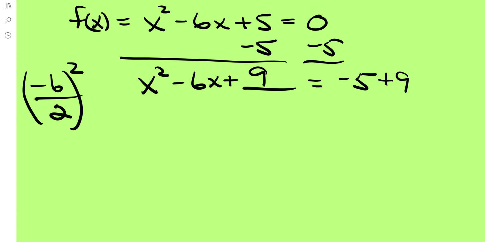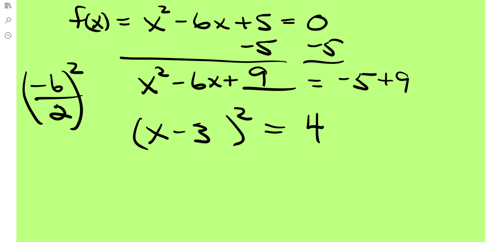I'm going to factor this now in the binomial squared form. So this is going to equal x minus 3 squared. And that's going to equal 4. Negative 5 plus 9 is 4.